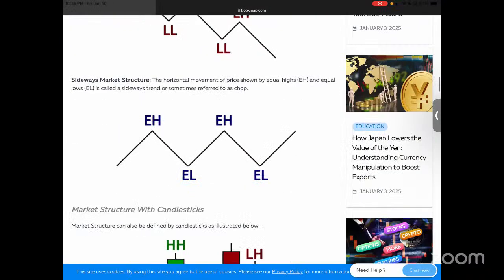Equal highs and equal lows. So price is just doing what? Fill in the blank. Price is just doing what?